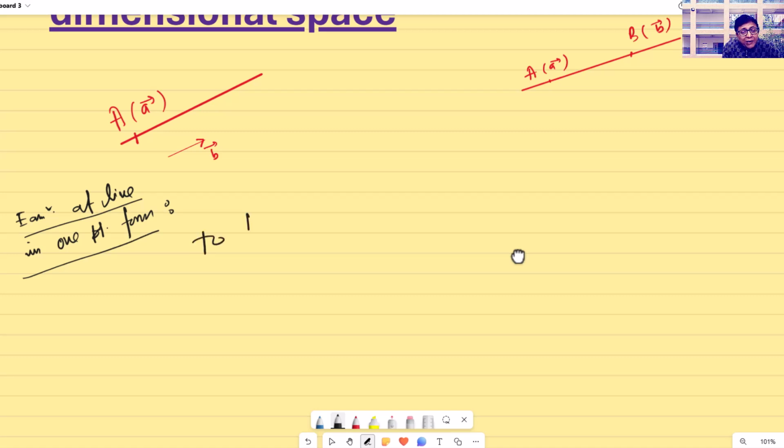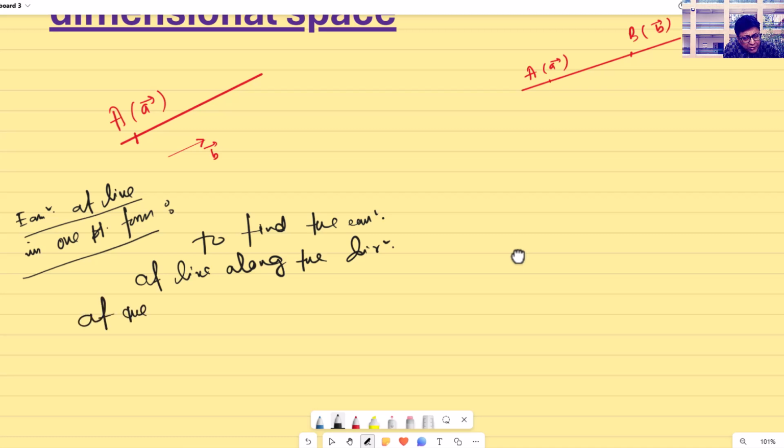So to find the equation of the line, along the direction of the vector B, and a point on the line is A, whose position vector is A.